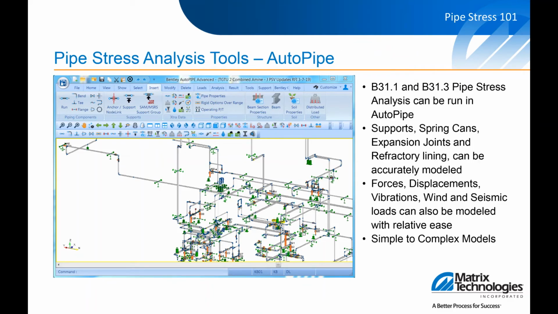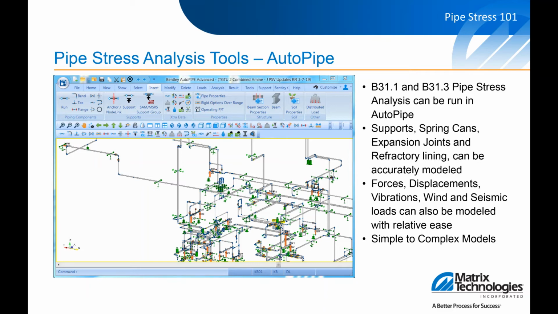So, pipe stress analysis tools. We typically use AutoPipe. We have Caesar. They're both very similar in the end as to what they do. They kind of come from different directions, but B31.1, B31.3 pipe stress analysis. We run in AutoPipe. We can put in different support types, spring cans, expansion joints.